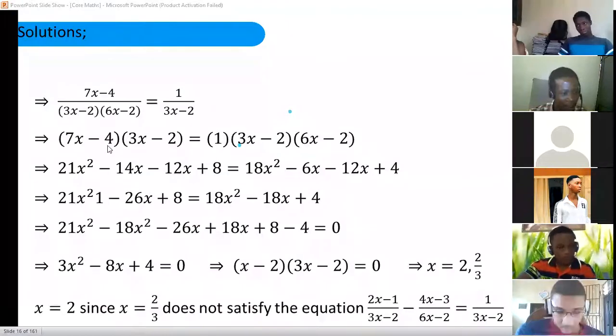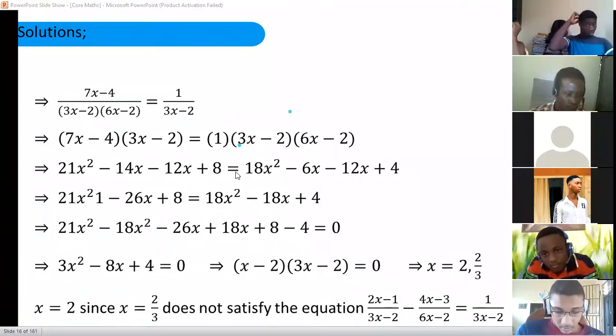Then minus 4 times 3x is equal to minus 12x. Then minus 4 times minus 2 will give us plus 8. Equal to, then we expand the right hand side also.